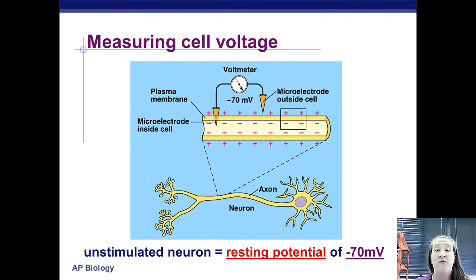If you stick a little voltmeter into a cell, the difference in charge between the outside of the cell and the inside of the cell is 70 millivolts. Okay, so there actually is this buildup of charge. We call that buildup of charge the resting potential of a cell, because that's what it's like under normal circumstances. That's its normal potential. So the resting potential of a nerve cell is minus 70 millivolts.